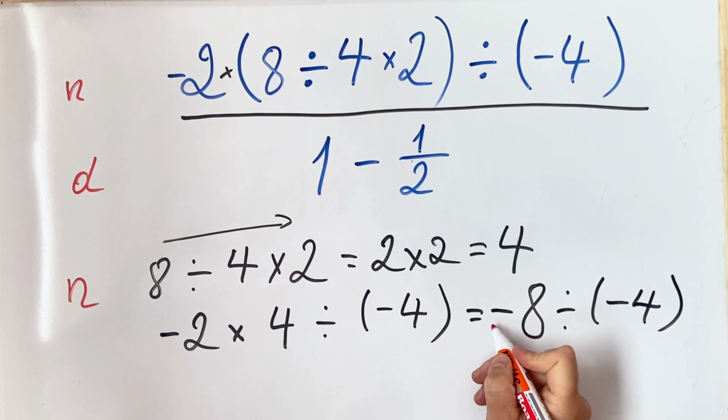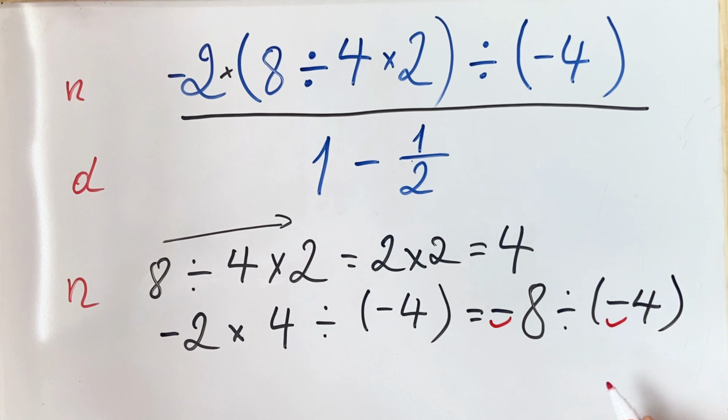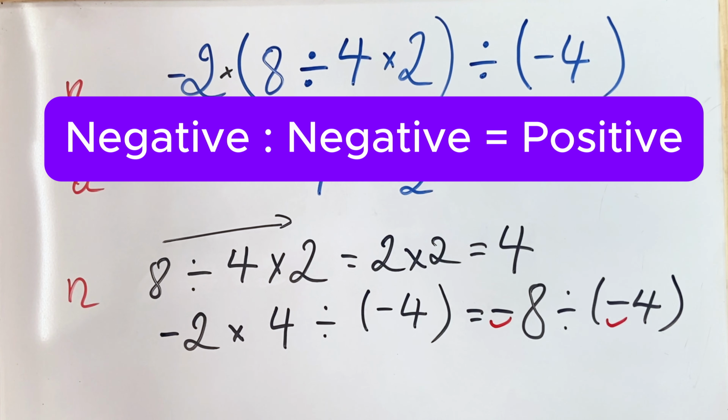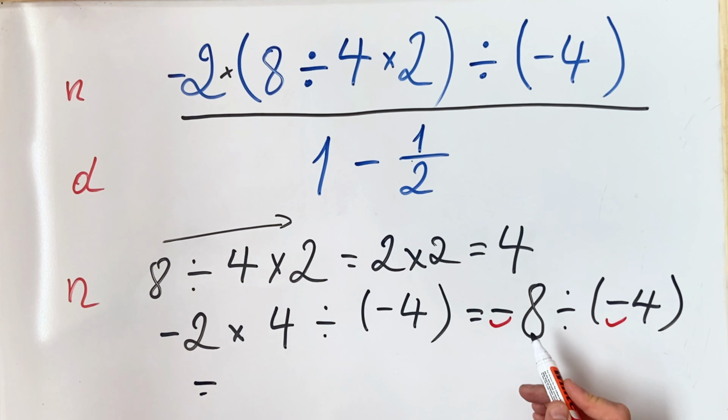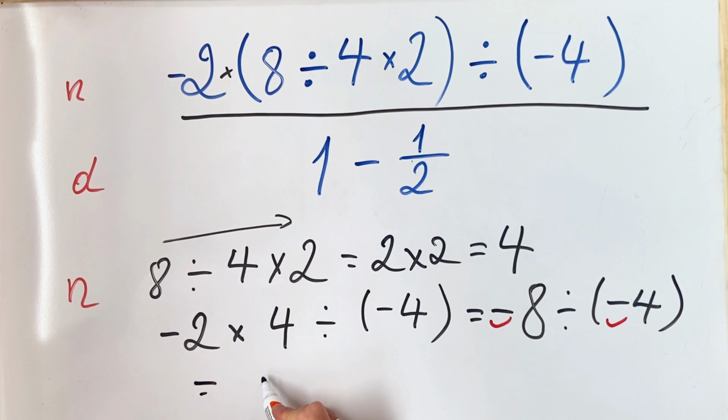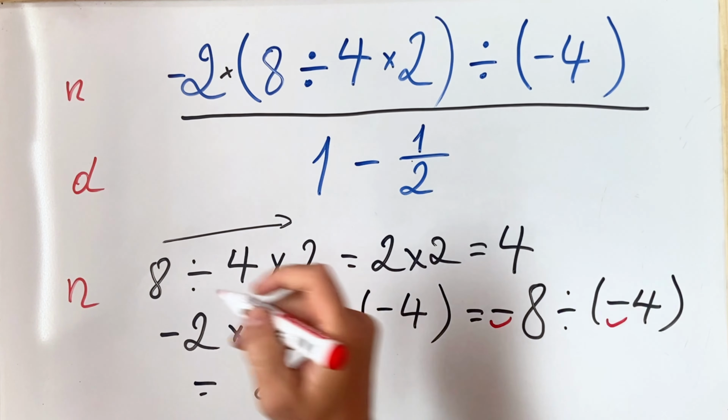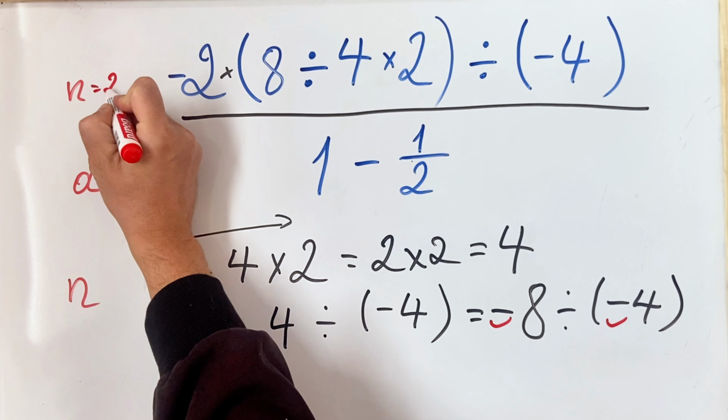We have one negative sign and another negative sign. That means that we cancel them. So when we have two negative signs, either in division or multiplication, they cancel. So at the numerator, minus 8 divided by minus 4 is 2. So the numerator is 2.